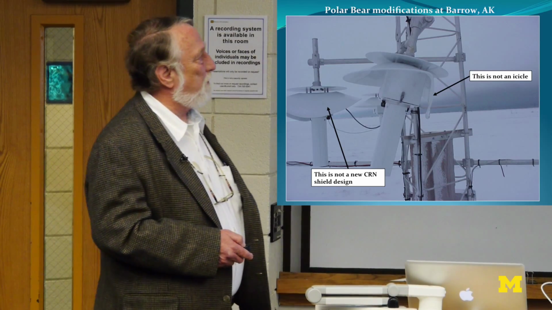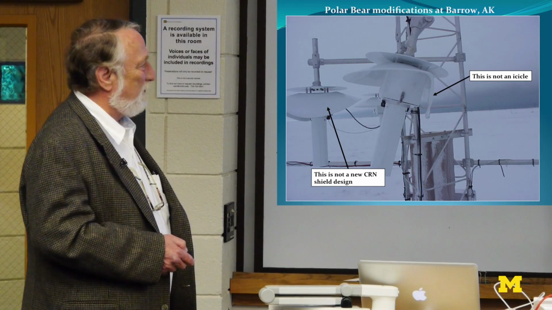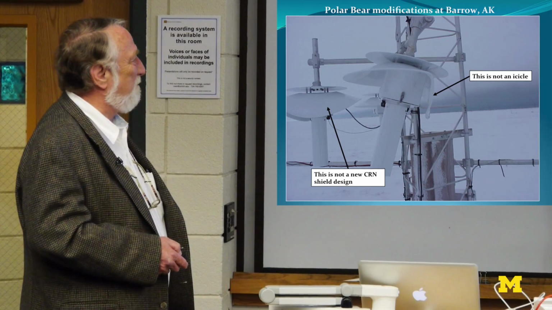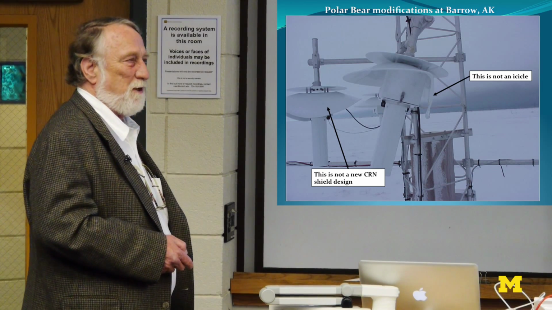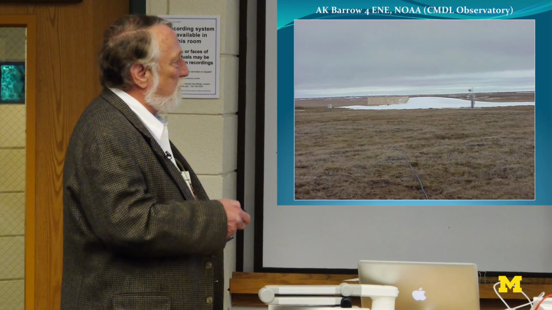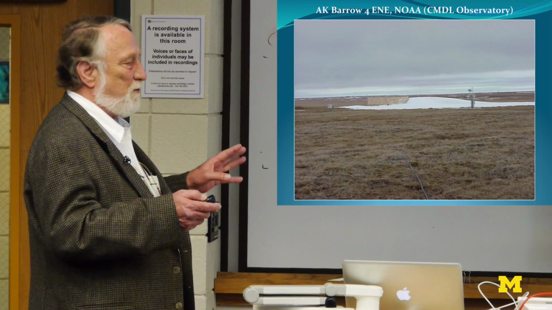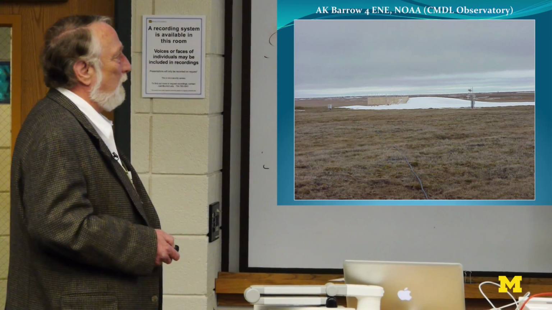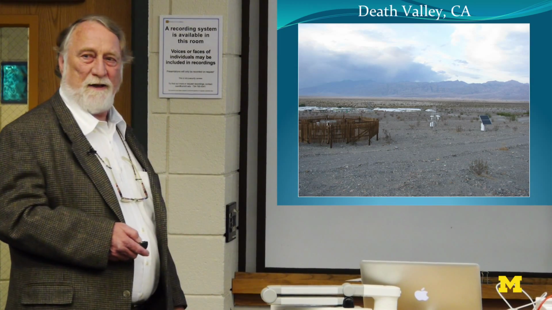This is what can happen. This is in Barrow, Alaska. Actually, a polar bear did attack our temperature measurement systems. We did get it fixed, but these are some of the hazards, some of the difficulties you find in remote places like that. This is just to give you some idea where some of these are located and trying to maintain siting at pristine areas. This is Barrow in Alaska. To contrast that, we actually have one in Death Valley also.